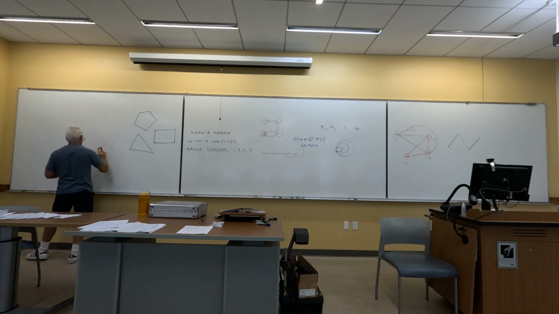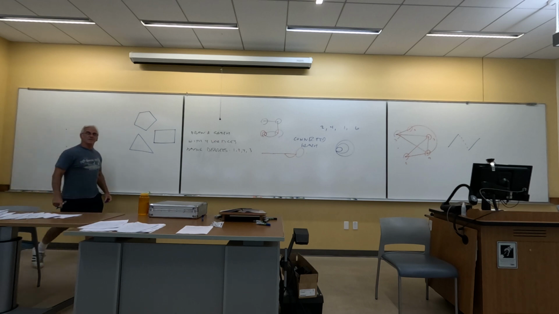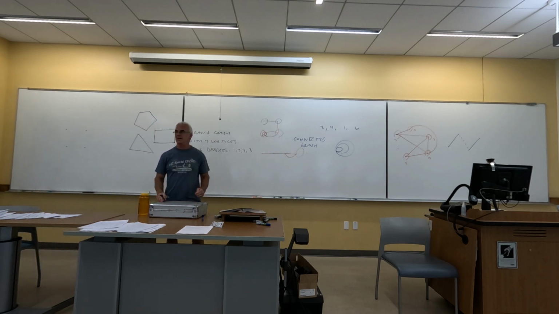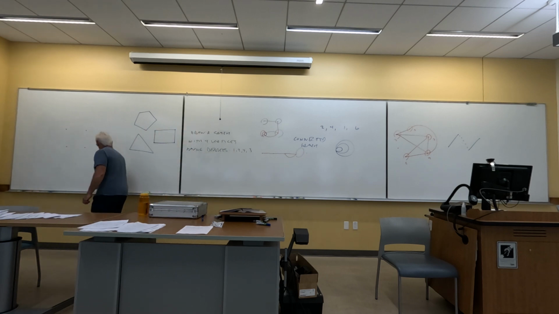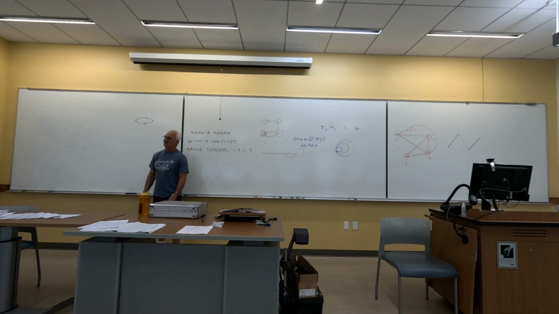I want to get from each vertex to the next vertex and then back to the start. Well, let me start simply. I want to go from each vertex. Let's start with 2 vertices. I want to start here and end here. What do you think? I think we agree it's pretty simple.